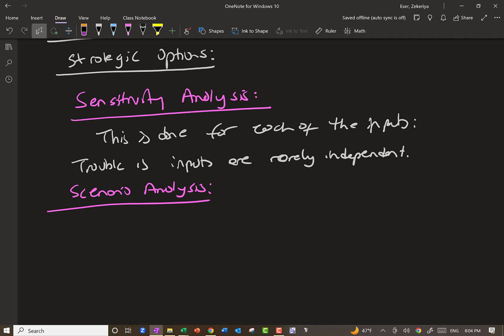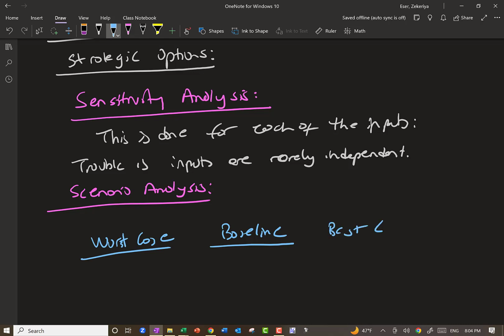Here what you do is you have 3 scenarios. You have the baseline, you have the worst case scenario, and best case. Worst case and best case doesn't mean the worst thing that could possibly happen. A reasonable bad scenario and a reasonable good scenario.